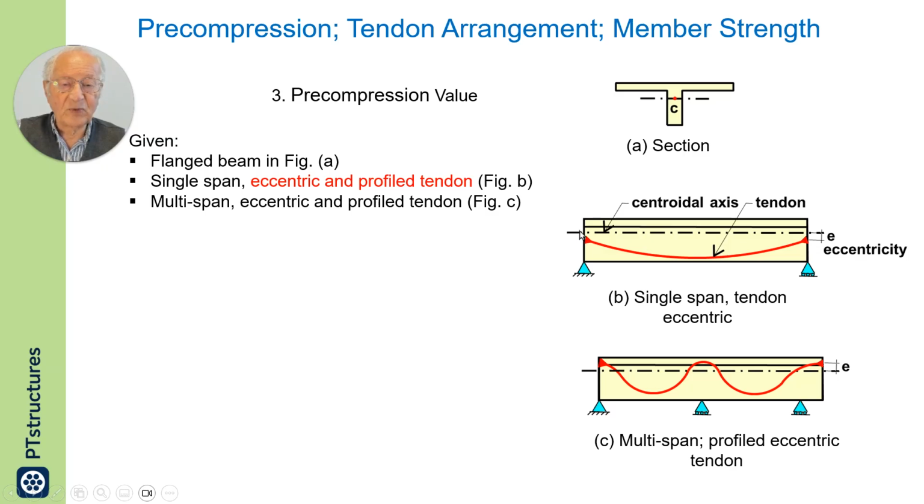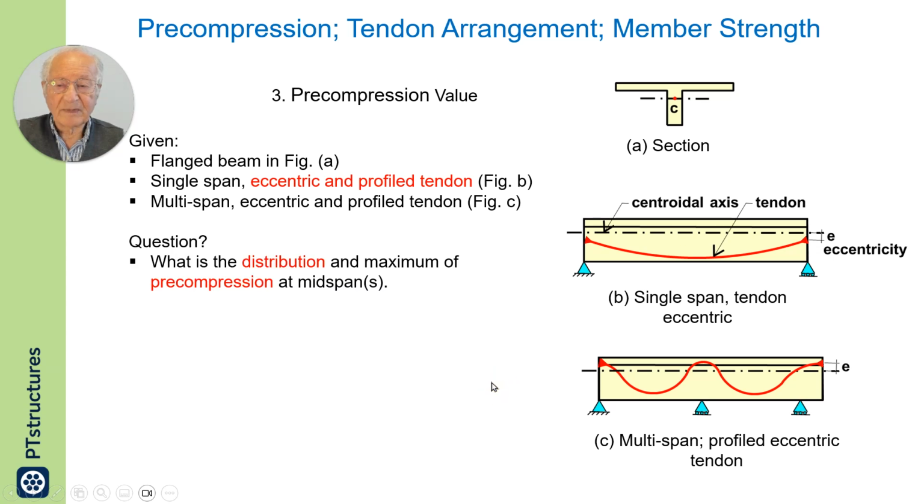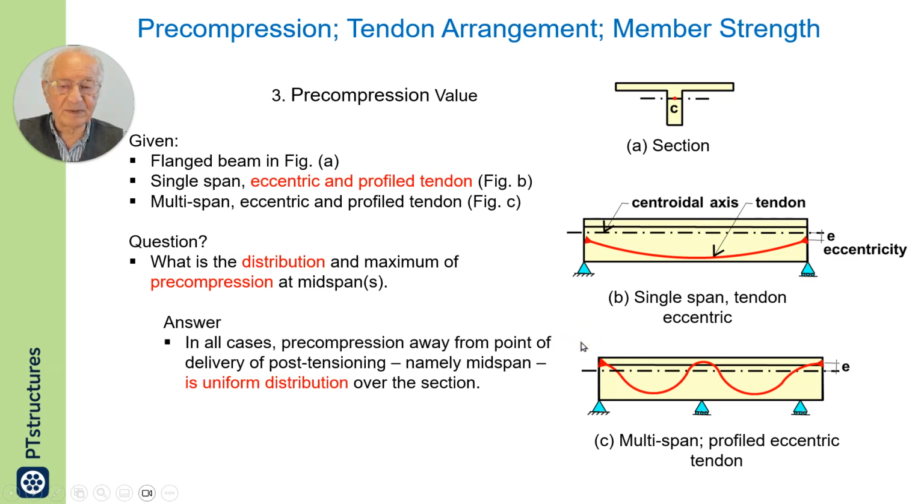It is with eccentricity and profile in both instances, one span, two span. The question is, what is the distribution and magnitude of precompression at midspan?